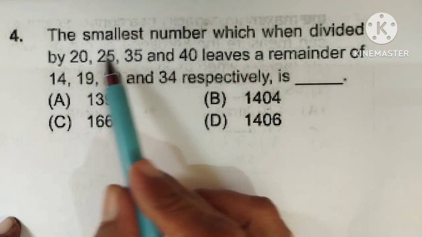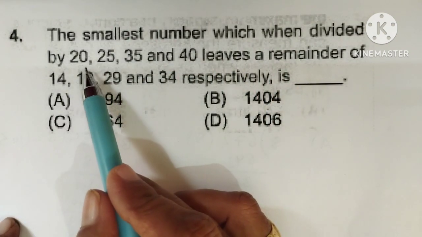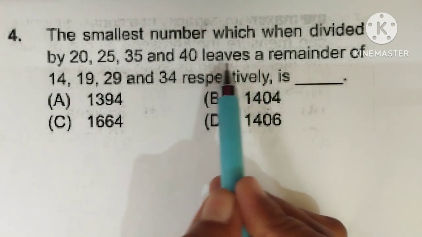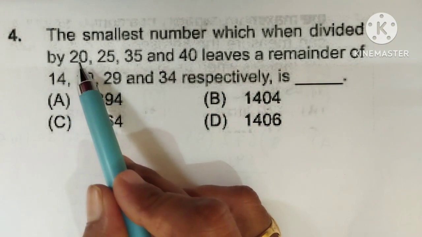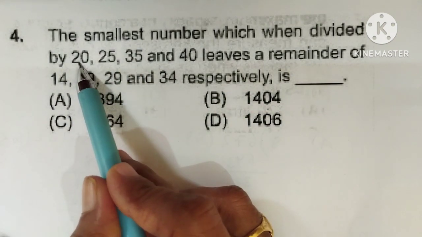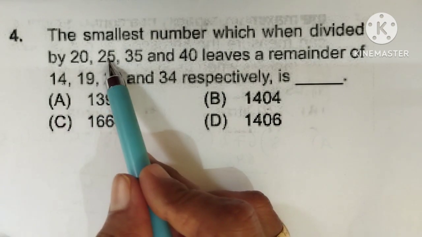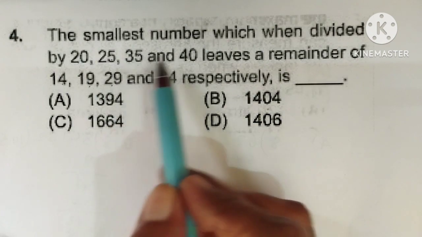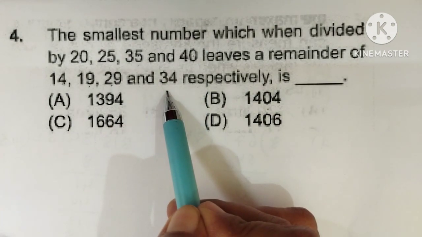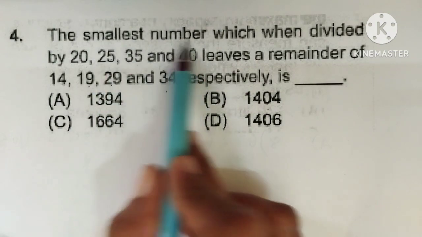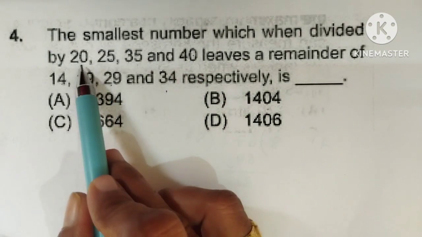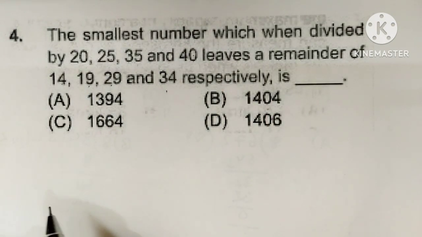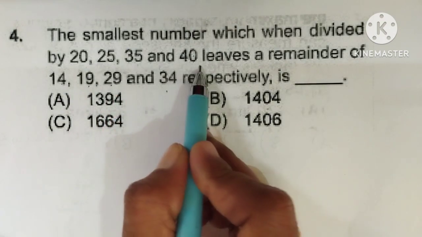When we divide the smallest number by 20 we get 14 as remainder, with 25 we get 19, with 35 we get 29, and with 40 we get 34. So now I am going to take out the LCM of these 4 numbers.